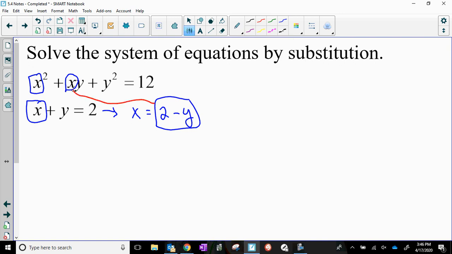So let's just drop it in. My first equation now becomes (2 - y) squared plus (2 - y) times y plus y squared equals 12.